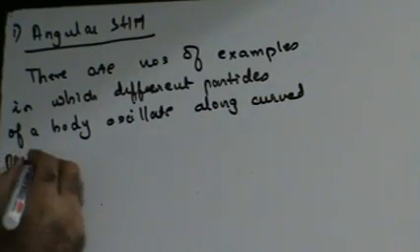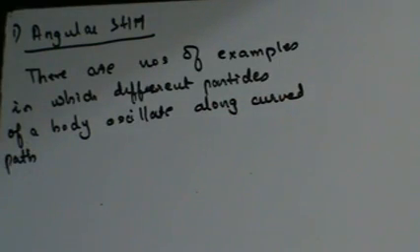So when a body, instead of oscillating on a straight line, oscillates along a curved path, then that body is said to perform an angular SHM. In linear SHM, the body moves along a line. In angular SHM, the body moves along a curved path, right?